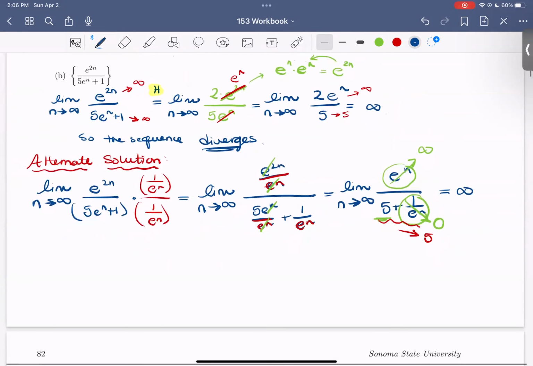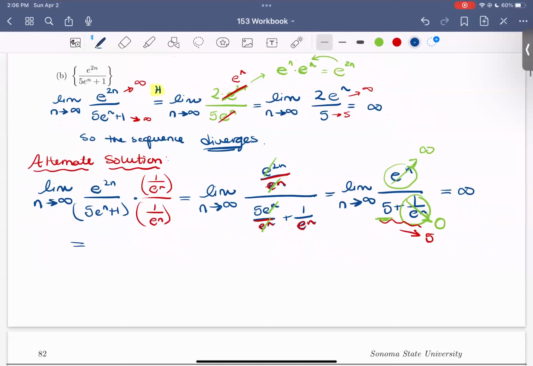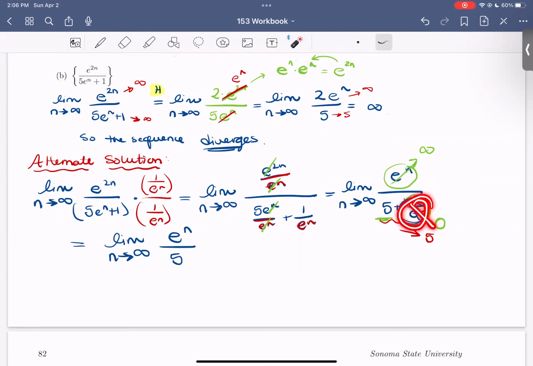We can write that out in one more step. Before writing infinity, we can write the limit as n goes to infinity of e to the n over 5, because the term 1 over e to the n in the denominator goes to 0. We can take that limit and then look at our fraction from there.